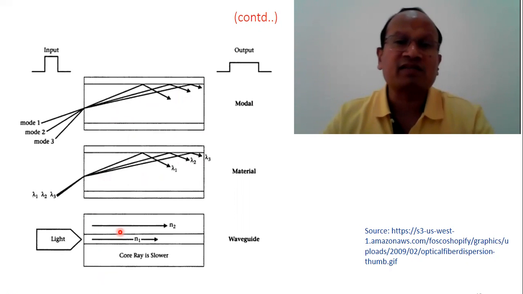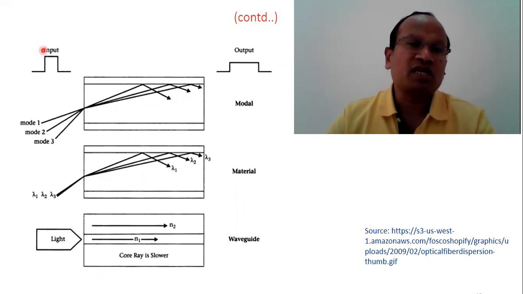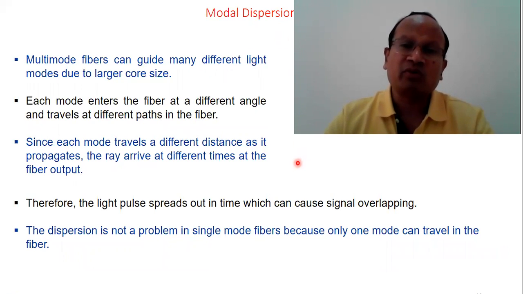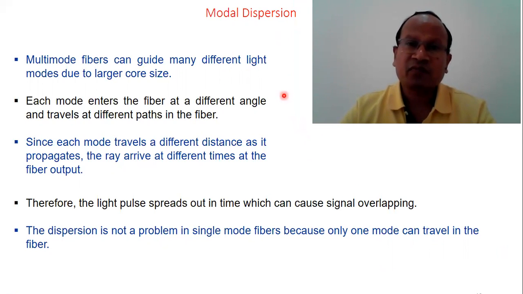But what is important is, in the dispersion, you see there is an input pulse, and when you compare the input pulse with the output, you will find that it has been broadened. So there is a broadening of pulse whenever we talk about the dispersion losses.